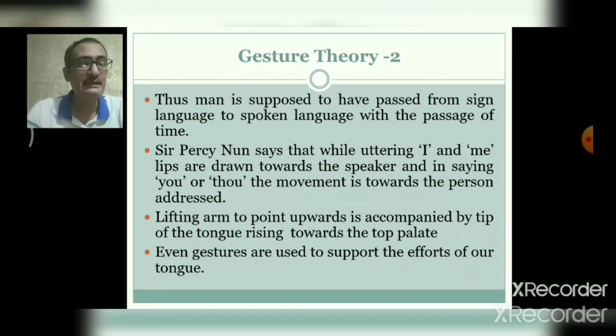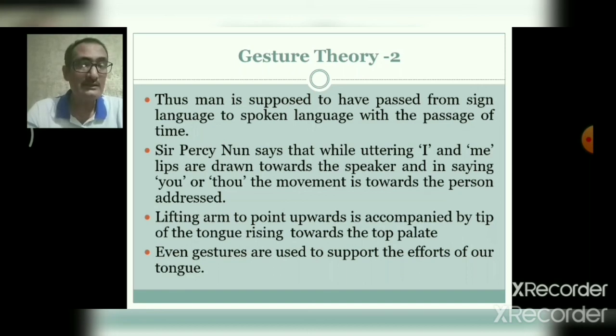Sir Percy Nunn gives some example: when you utter the sound I, or when you utter the word me, at that time the lips of the speaker are drawn towards himself, and in saying you or thou, an older version of you, the movement is towards the person addressed.